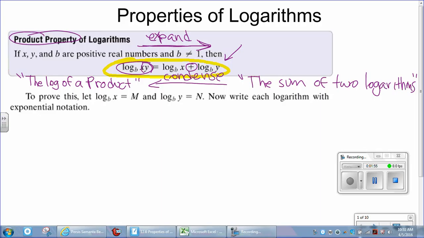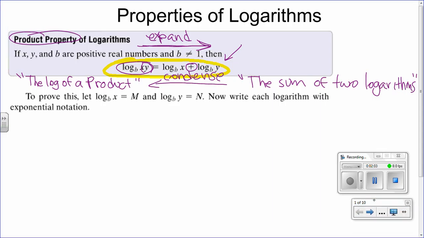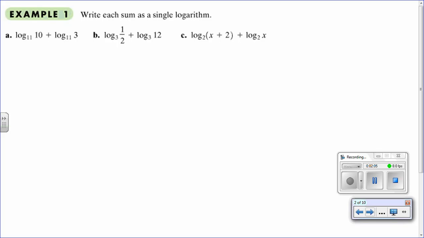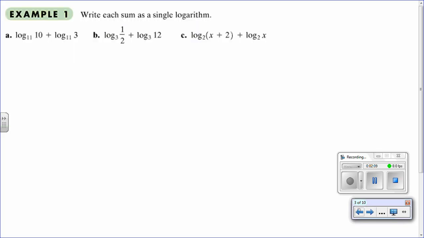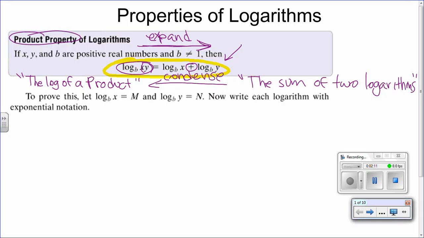So we start by what is given to us, and just so you know, you're going to do the one on slide 3. I'm going to prove the product property, and then you are going to prove the quotient property, okay? We start by making an assumption, or letting something be something.